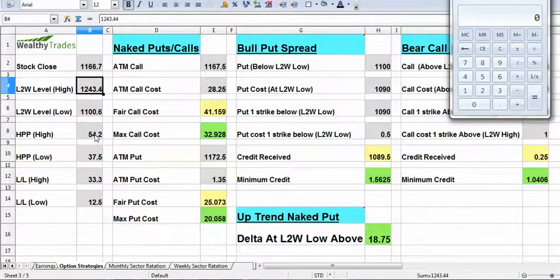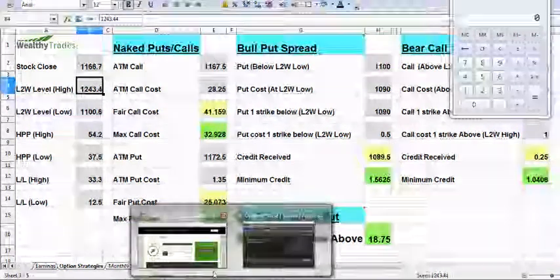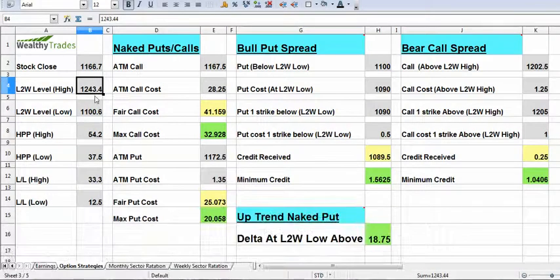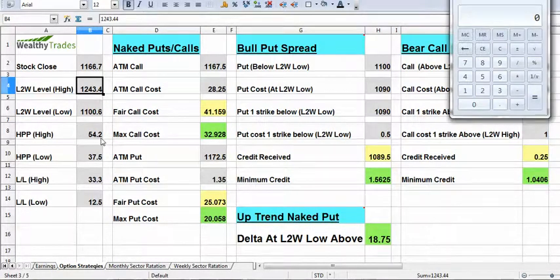And then we know that historically, this is based on the Wealthy Trades information, I just transferred that over to this spreadsheet, we know that it hits that 54.2% of the time. So what it does is it takes the at the money call, which is my 1167.50, and it calculates the distance between the high, because I'm buying the call. I'm looking to see if this call is overvalued or undervalued.